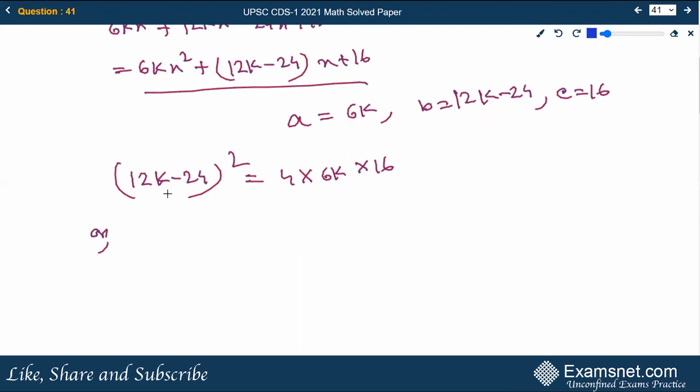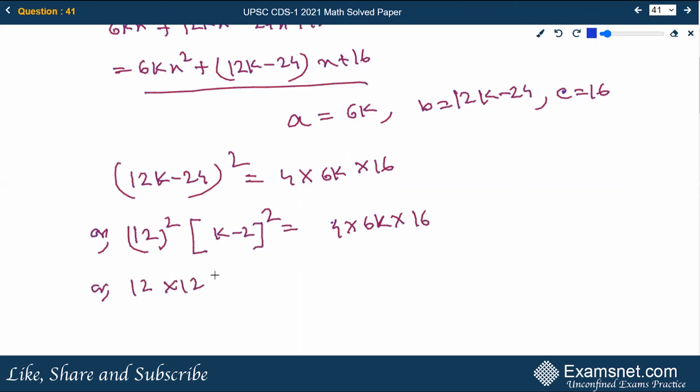If I take common 12, it will be 12 square as well, and k minus 2 whole square. So 4 multiplied by 6k multiplied by 16. Okay, so that means 12 multiplied by 12, k square minus 4k plus 4 equals 4 multiplied by 6 multiplied by 16k.